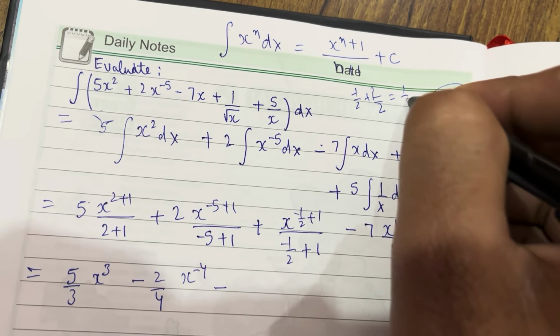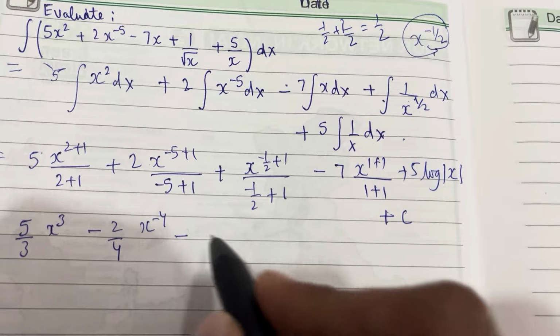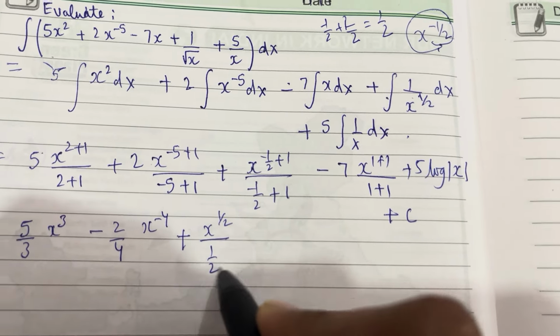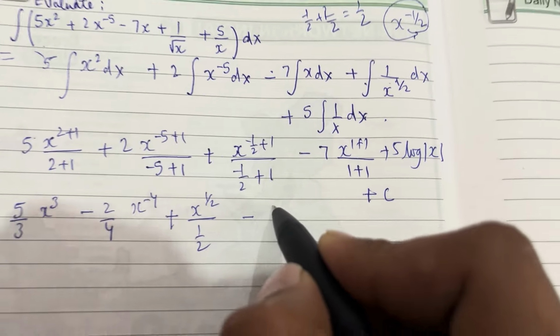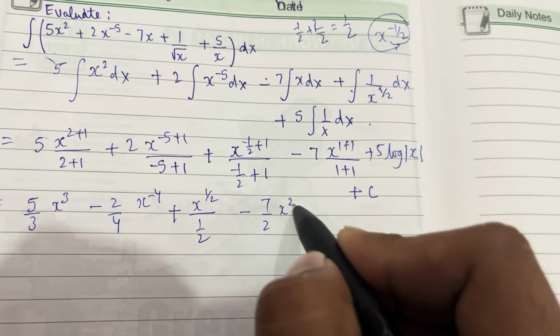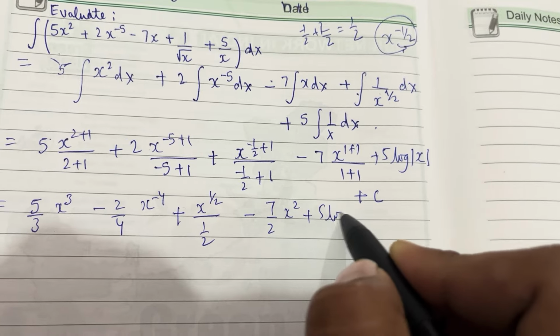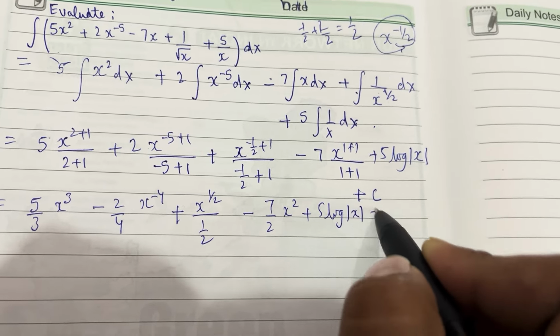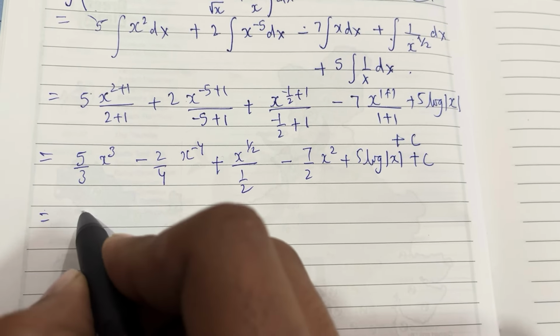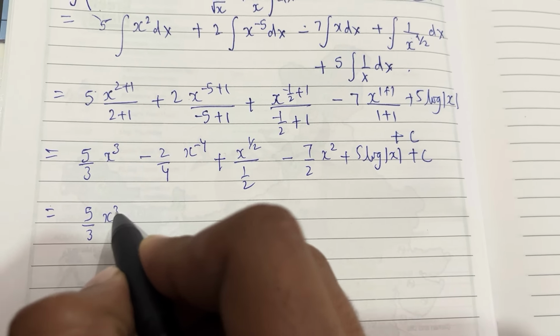Okay, it is equals to 1 by 2. So here plus sign and x raised to power 1 by 2 upon 1 by 2 minus 7 upon 2 x raised to power 2 plus 5 log mod x plus c. All right, after that 5 by 3 x cube is correct.